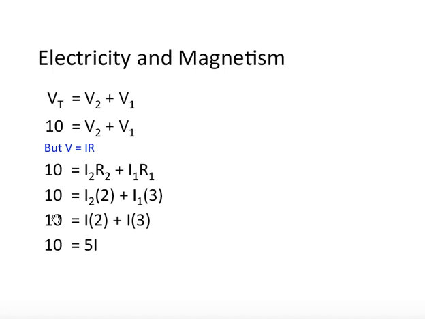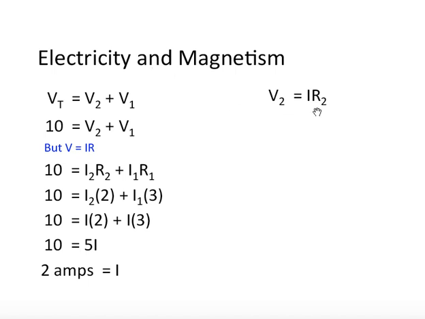And so 10 is equal to I times 2 plus I times 3. Or we could rewrite that as 10 equals 5I. 2 plus 3 is 5. And then dividing by 5, I is equal to 2 amps. Now going back to the circuit and solving for the voltages to see if the answer makes sense.